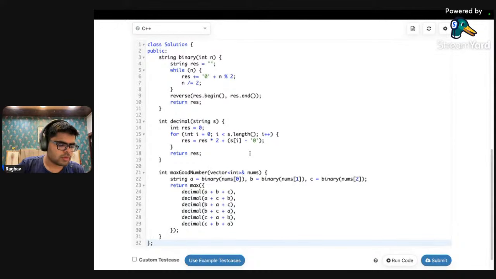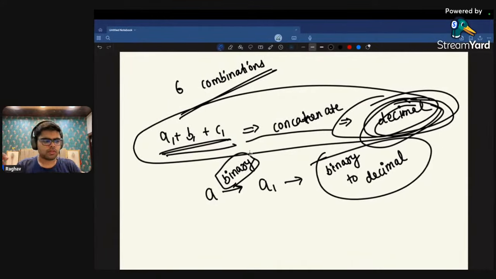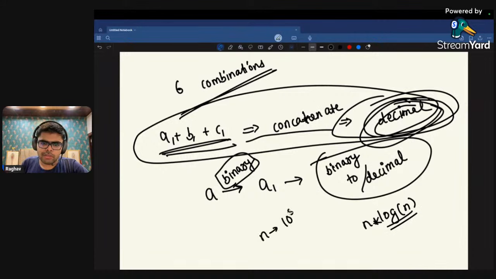Someone says they're not able to solve the problem, and asks about login. Okay, so in the meanwhile, I can tell you about what log n is. Wherever you read n log n, it is actually referring to n multiplied with log of n. So if n is, let's say, equal to 10 raised to the power 5, then log of n, in general, when you see log of n, they are actually referring to log base 2 of n.